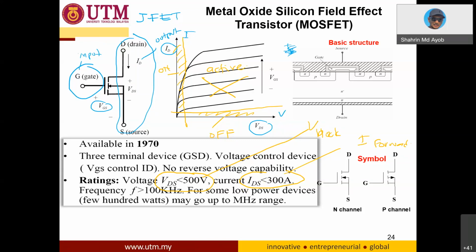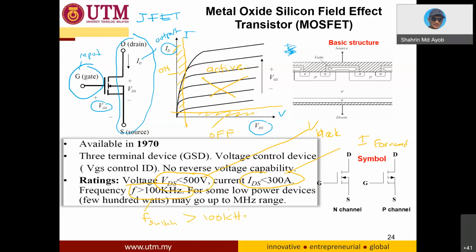So that's why MOSFET is not suitable for high voltage and high current application, because most of the MOSFETs available in the market have a maximum of 500 volt withstand, the blocking voltage, and the current is also not very high. But the advantage of MOSFET is that it can switch at very high frequency, more than 100 kilohertz.